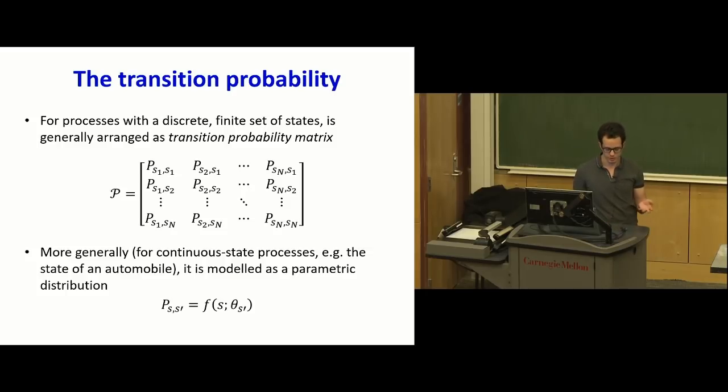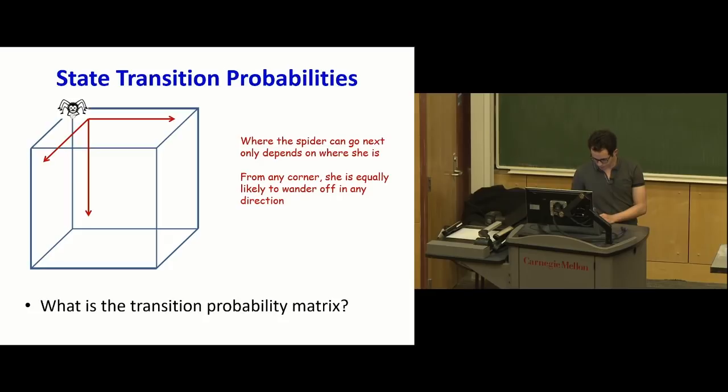And learning these parameters is going to be a big deal. But that's for a later lecture, when we're going to do deep learning with that. For now, the transition probabilities are going to be finite.